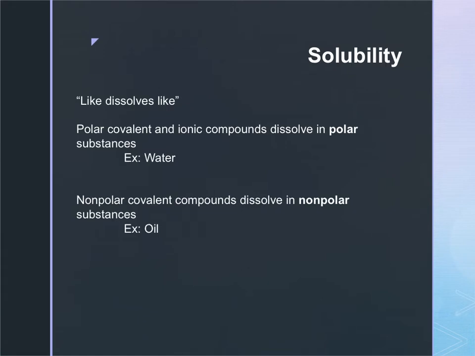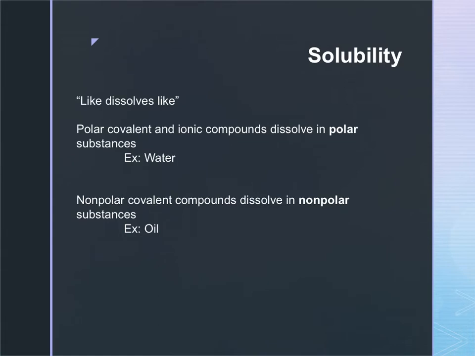So polar dissolves polar, ionic can also dissolve in polar substances. For example, water. Water is a polar substance. That's something you definitely need to remember. So polars and ionics can dissolve in water. Nonpolars, on the other hand, only dissolve in nonpolar, so they cannot mix in with water. They can't dissolve in water. But they can dissolve and mix in oil, which is nonpolar.